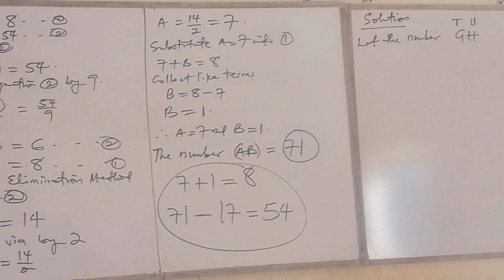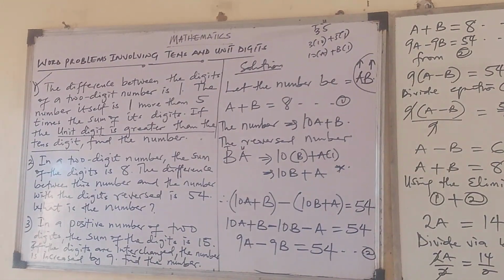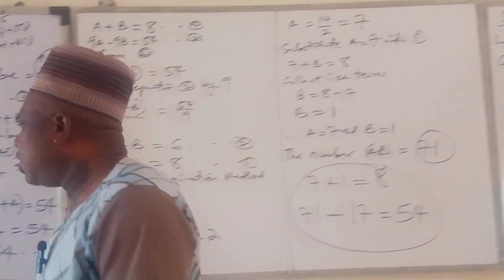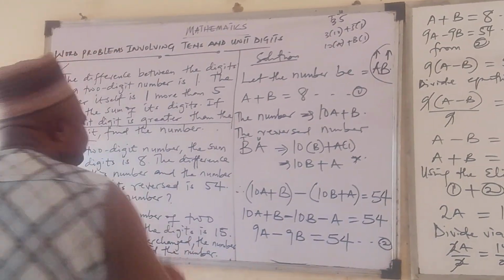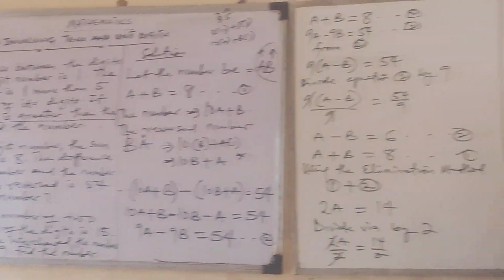So now they say in a positive number of 2 digits, the sum of the digits is 15. So G plus H is equal to 15. Now let's call this equation 1. Now if the digits are interchanged, let's look at the interchanged digits.